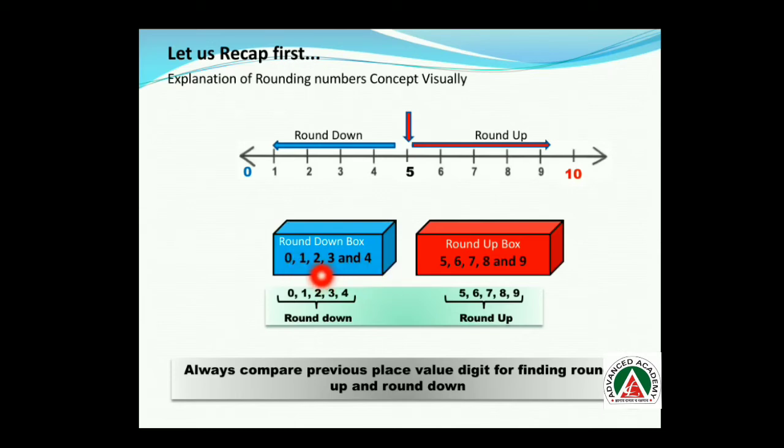The same way, if we round off any number to the nearest 100, we will see the tens place, the previous place value always. If these numbers are in the previous place value, that number will be rounded down, and if these numbers are there, that number will be rounded up. So now we will see this in rules.